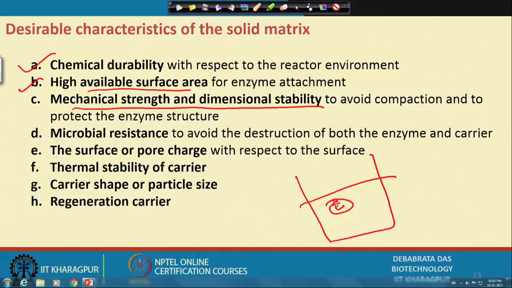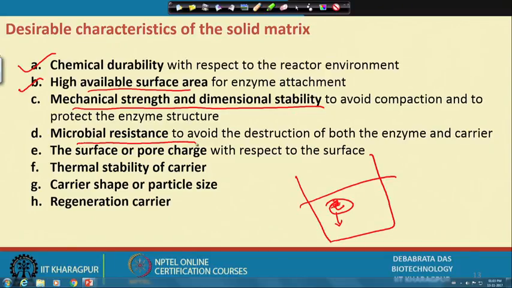Now, what is the characteristic of the solid matrix? They will settle down. Am I right? So if you want to have more interaction with the substrate, you should have a mechanical stirrer, and so your solid matrix should withstand this mechanical force: mechanical strength and dimensional stability.